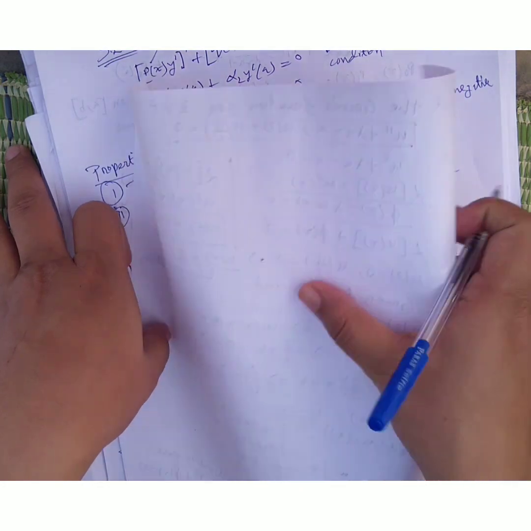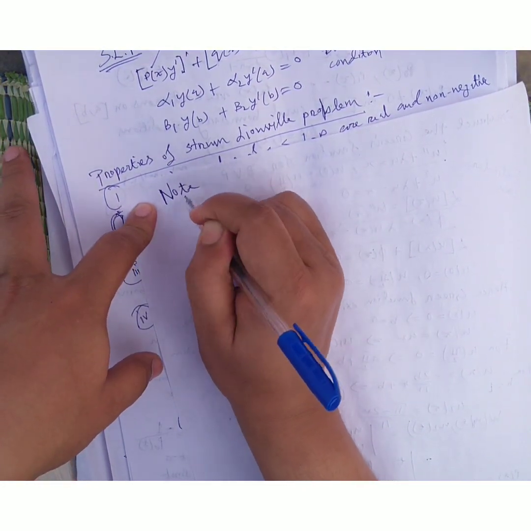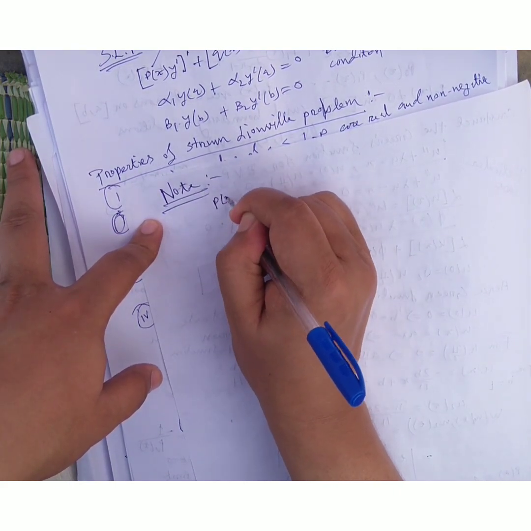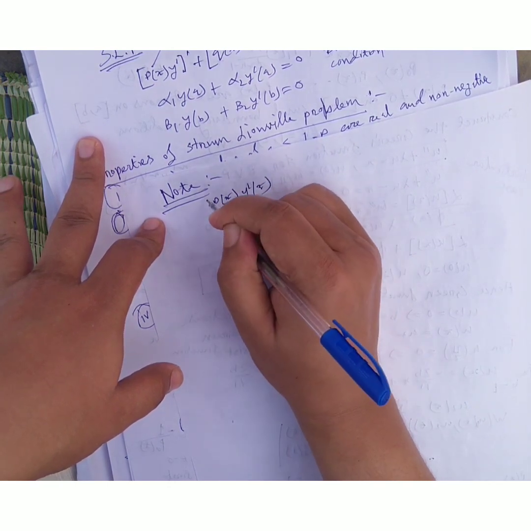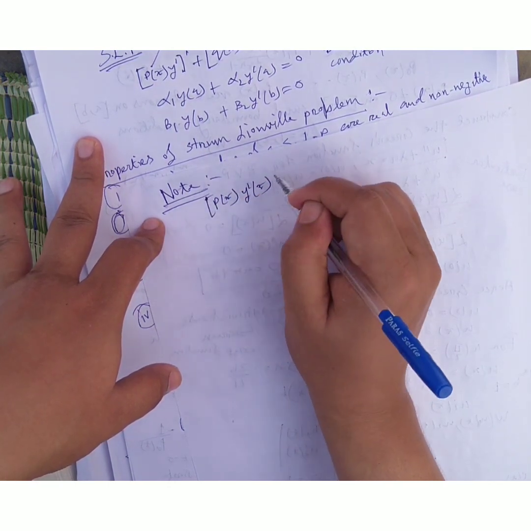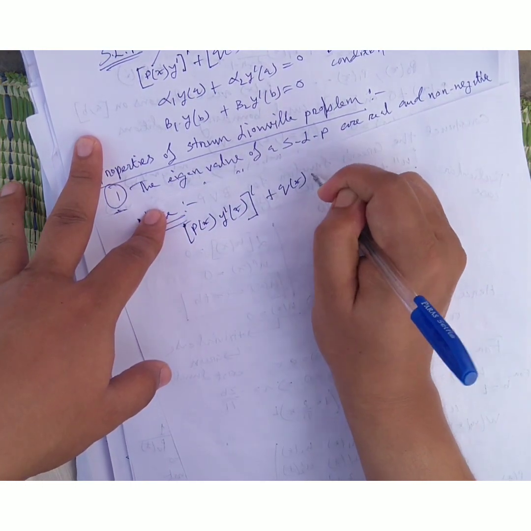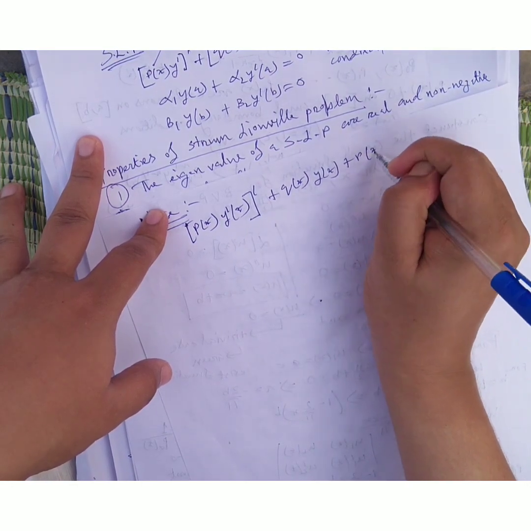Note, p x y dash x dash plus q x y x plus r x is equal to 0.